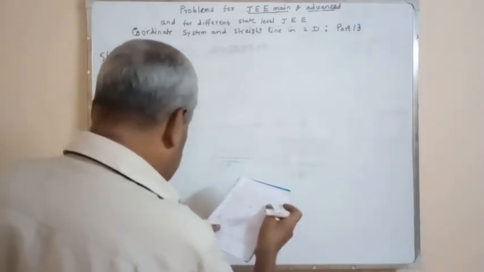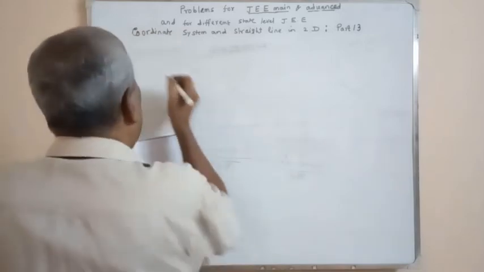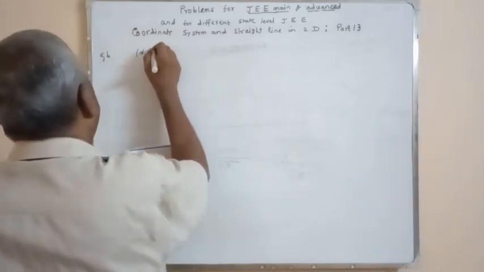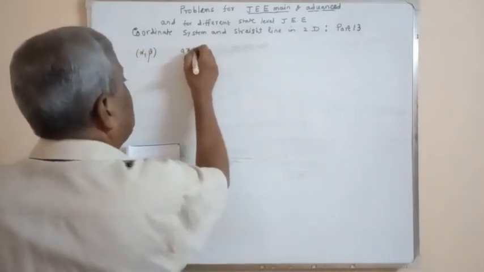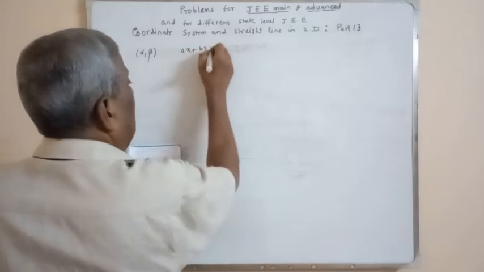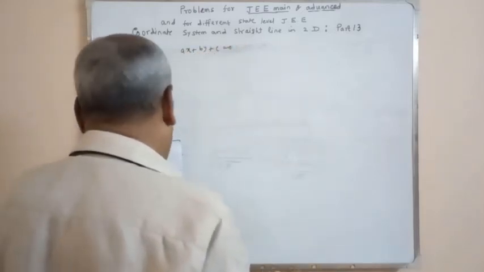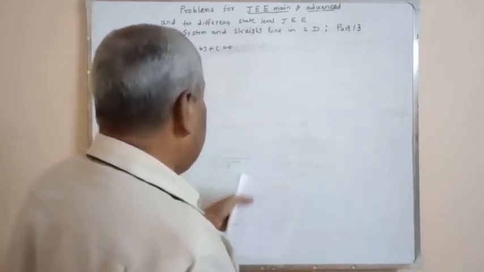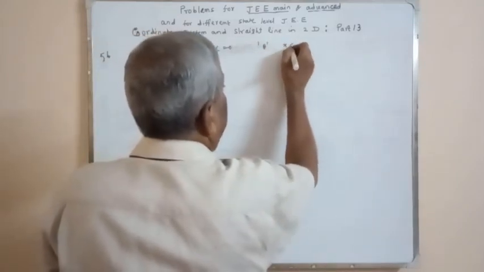That problem is problem number 56. The distance of a point (alpha, beta) from ax plus by plus c is equal to 0, measured along a line which makes an angle theta with x-axis.